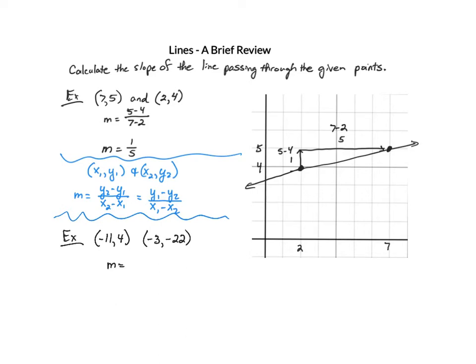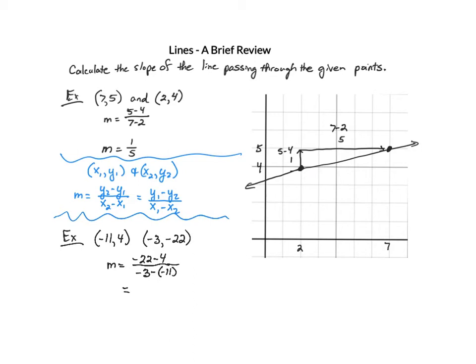M equals, we grab our y coordinates first and subtract, and you can calculate it either way, -22 minus 4 or 4 minus -22. I'll just do -22 minus 4. In the denominator, since I started with -22 in the numerator, I must start with -3. So I have a -3 minus -11.